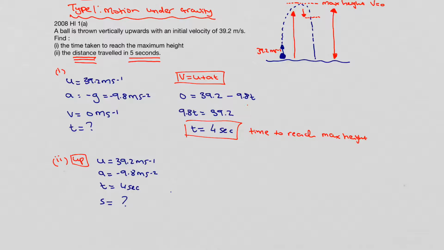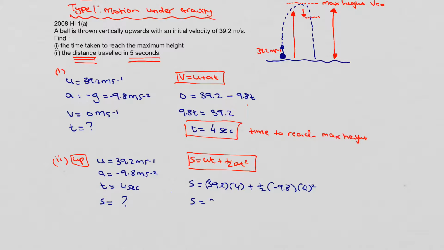Well, clearly I'm going to use our equation S is equal to ut plus a half at squared. So subbing in the values, we have 39.2 times our time 4 plus a half times minus 9.8 times 4 squared. And putting all of that into our calculator, we end up with 78.4 meters. So that's for the upward direction.